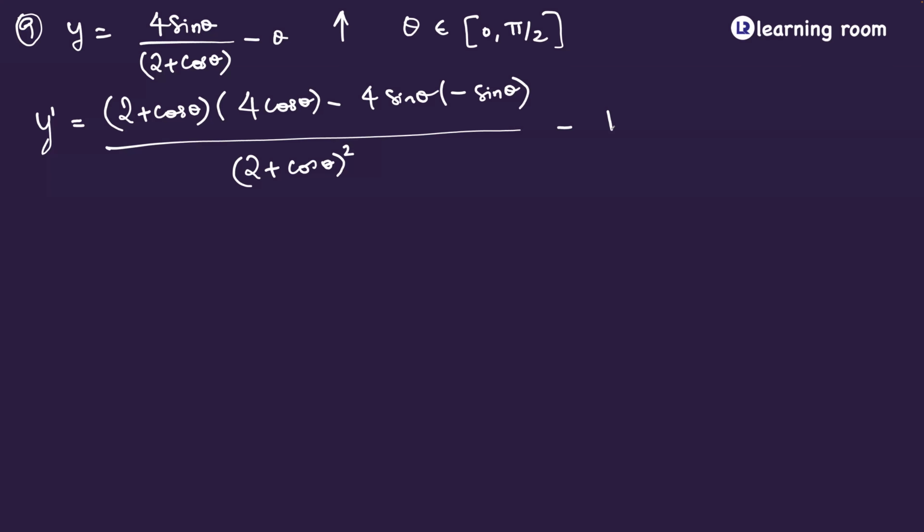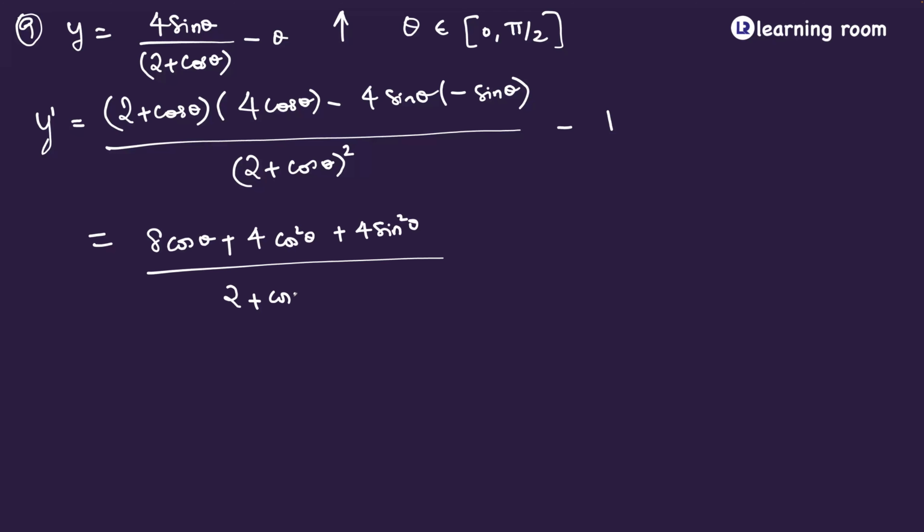Basically y dash here means dy by d theta. When I multiply this, I get 8 cos theta plus 4 cos square theta plus 4 sin square theta, the whole divided by 2 plus cos theta the whole square, minus 1.